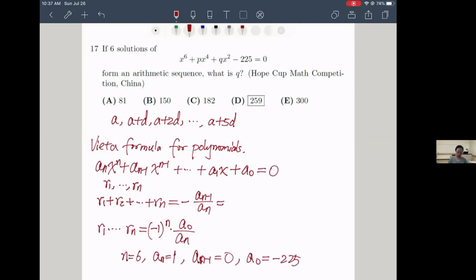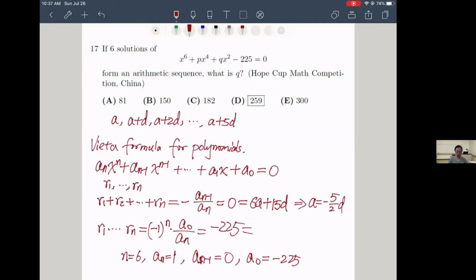If we plug in here, the sum is 0. And the product is negative 2 to the 5, right? But we can also use A and D to express them. So this one is 6A plus 1D, 2D, until 5D, which gives us 15D. And this is 0, which implies that A equals negative 5 over 2 D, right?